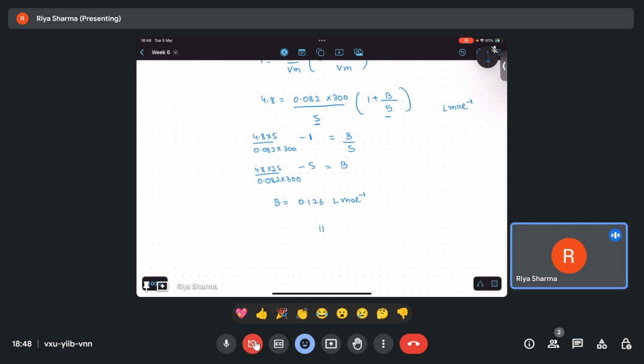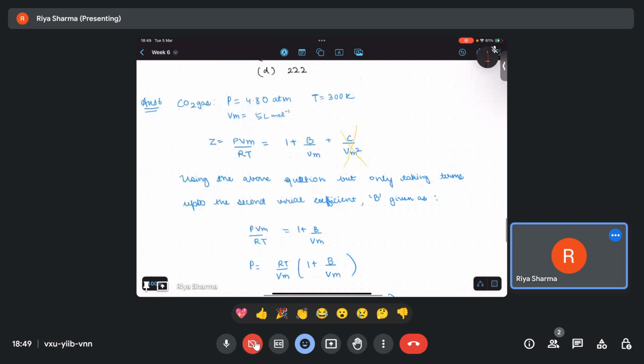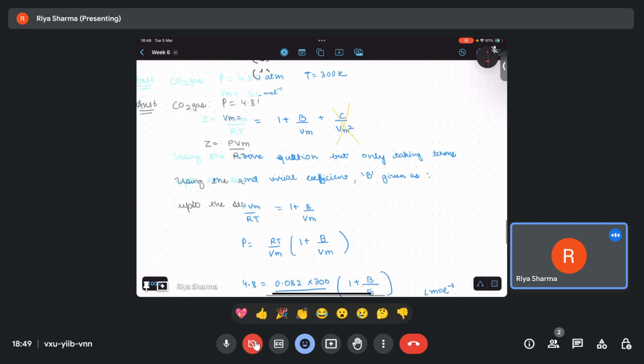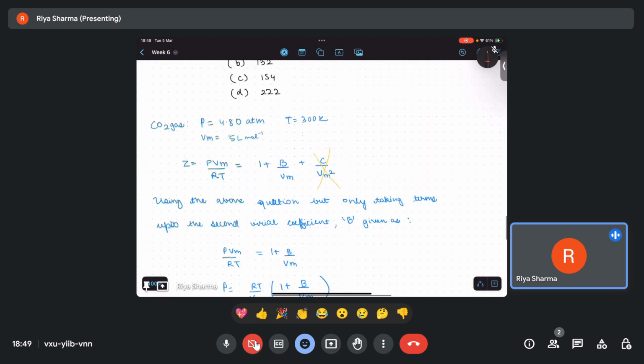So 1 liter is equal to 1000 centimeter cube. So B is equal to 126 centimeter cube per mole. This is our answer. What option will it be? It will be option A. So that was a good catch.